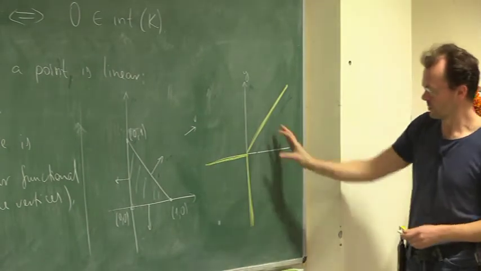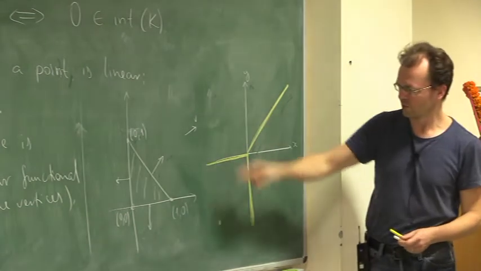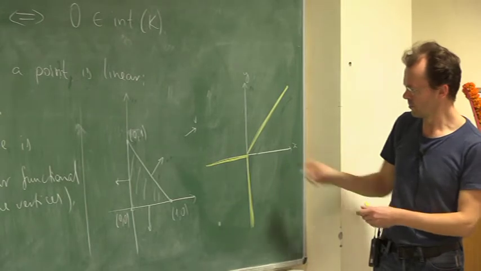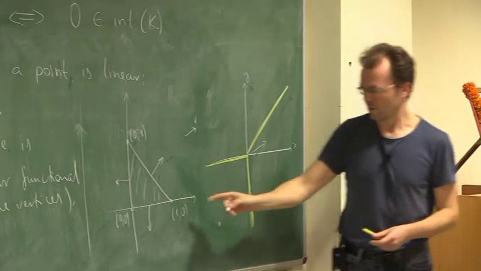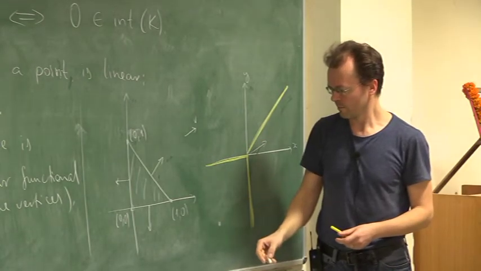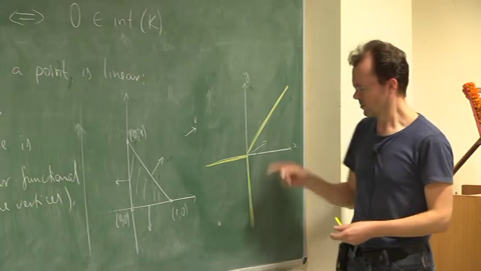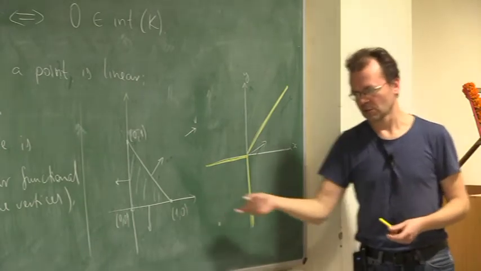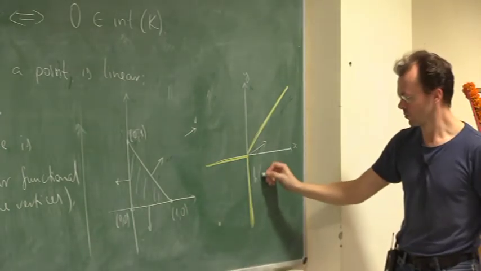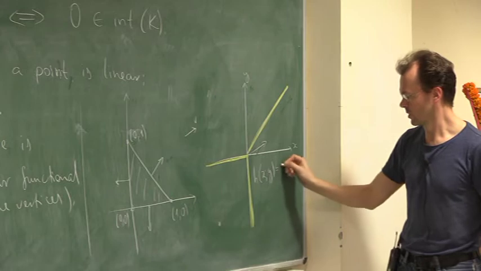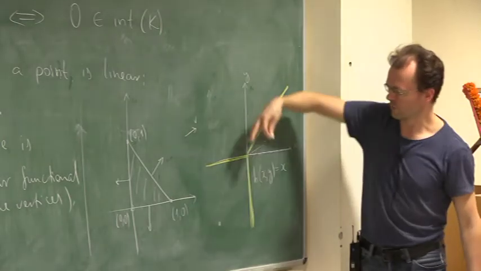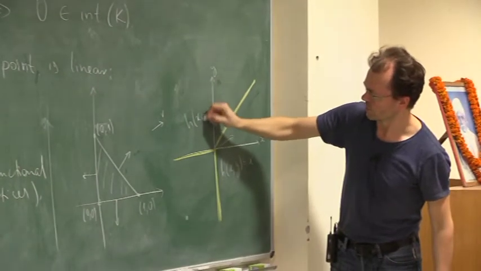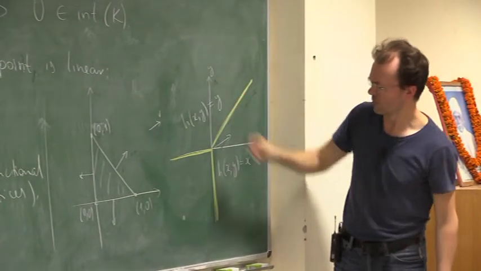And then in this domain, for any vector v from here, the support function is equal to the inner product of v with (1,0), but the inner product of (x,y) with (1,0) is equal to x. So we have h(x,y) equal to x here. Then in this domain, h(x,y) is equal to y.